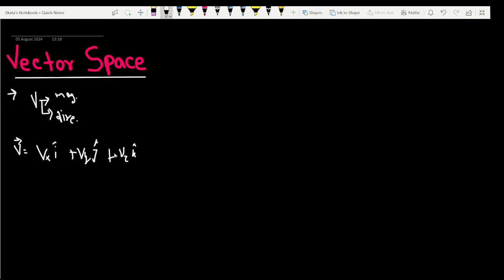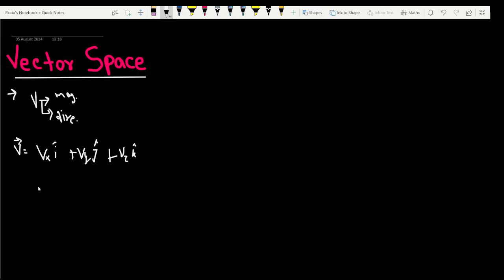And i cap, j cap, k cap are known as unit vectors. They tell us the direction of our vectors, and they are perpendicular to each other, or in a more advanced sense, they are orthonormal to each other.